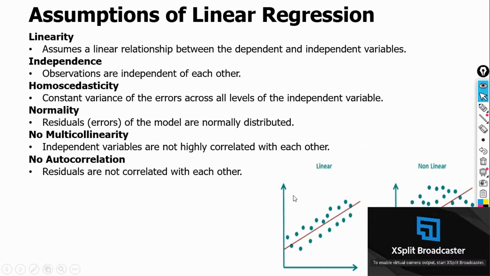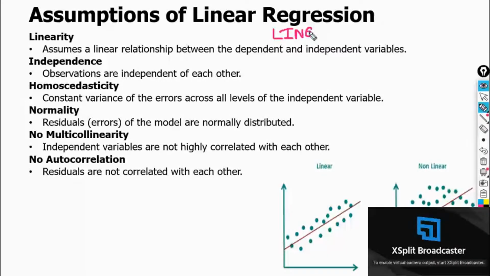And what are the important assumptions that we have discussed yesterday? Linear regression works on LINE assumptions. What are the LINE assumptions that we have? Come on, friends. LINE assumptions represent linearity, independence, normality, equal variance.